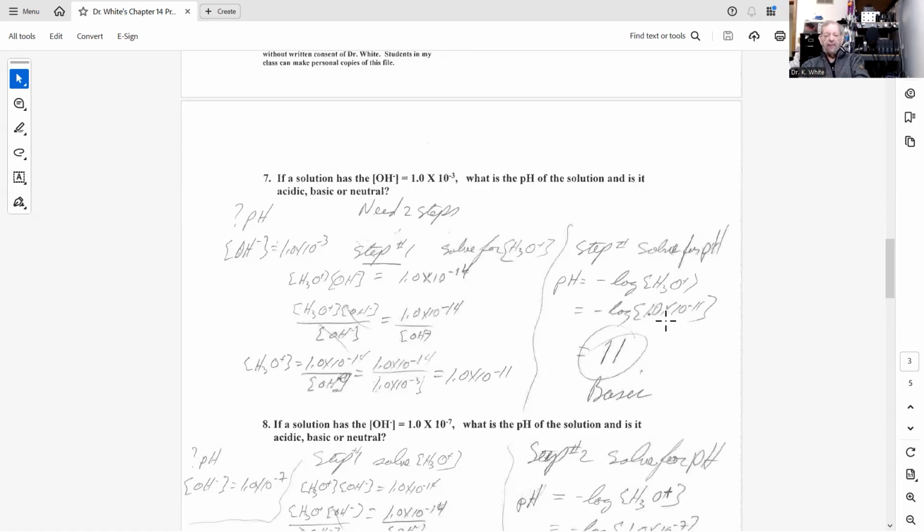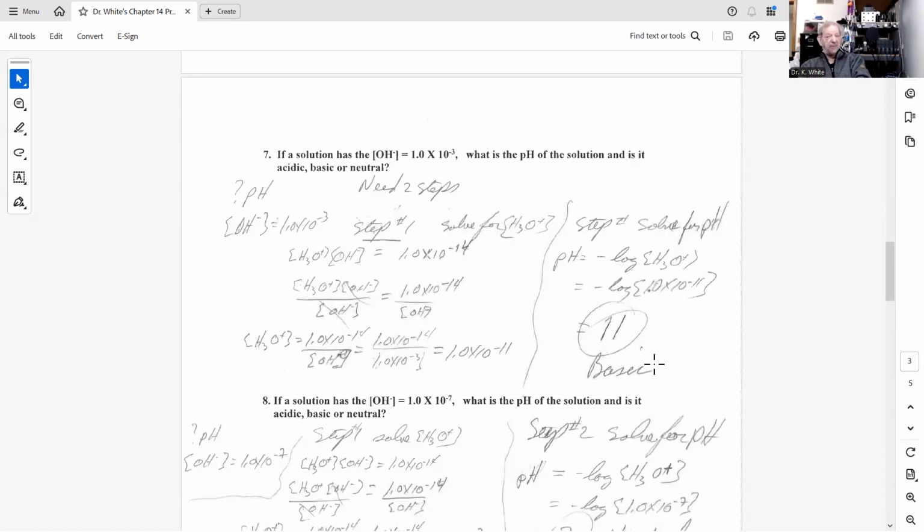When this is 1.0 times 10 to the minus x, the pH is x, in this case 11. Anything above 7 is basic, and 11 is above 7, so it's a basic solution.